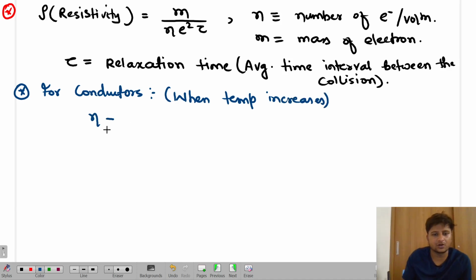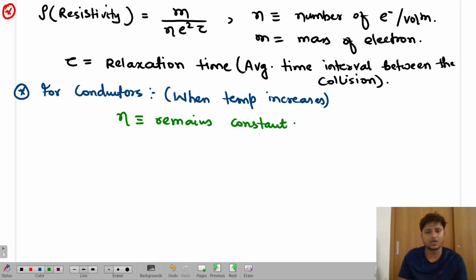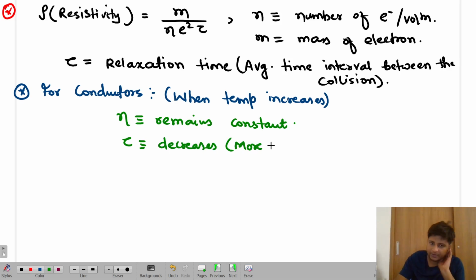First thing, n remains constant, meaning my free electrons remain constant. It does not change. Are you able to get me or not? So for conductors, as n remains constant, if you increase the temperature, you know that relaxation time decreases as more randomness is present. Are you able to get me or not?